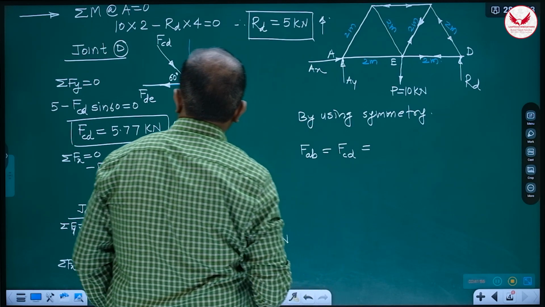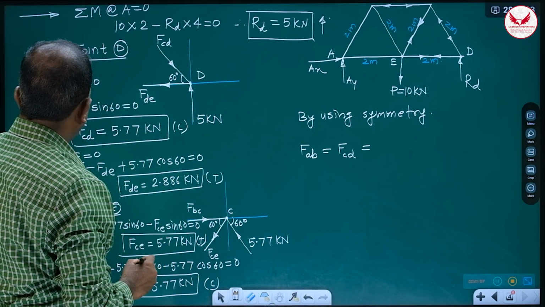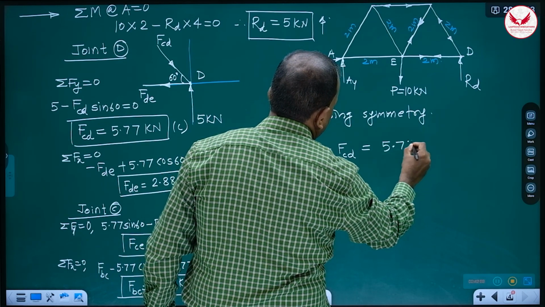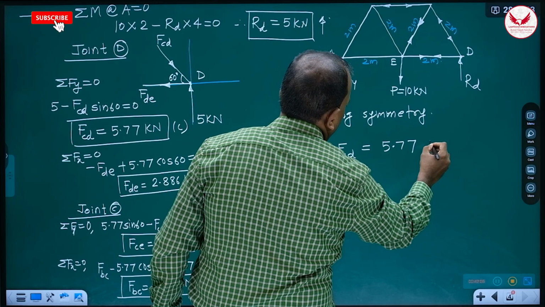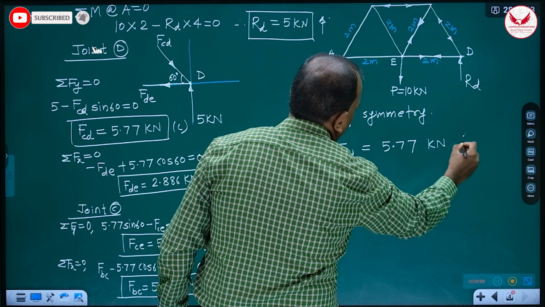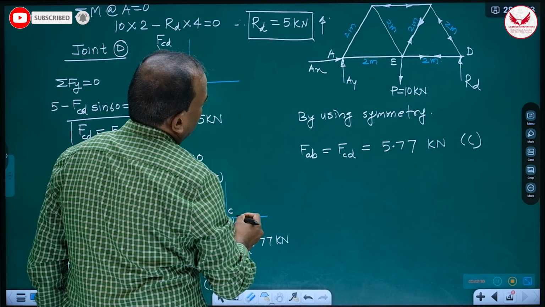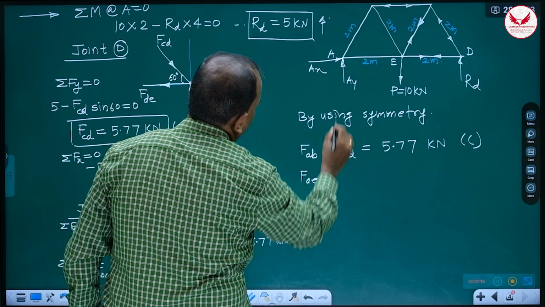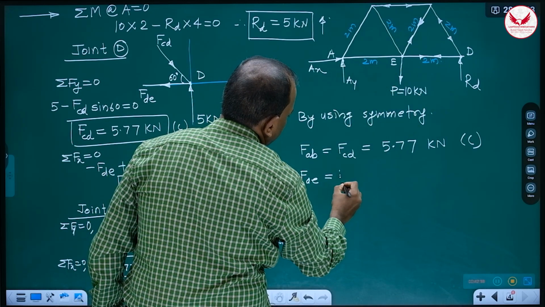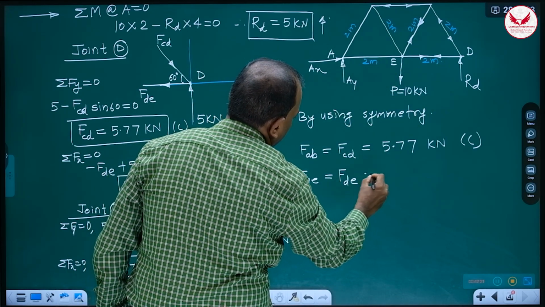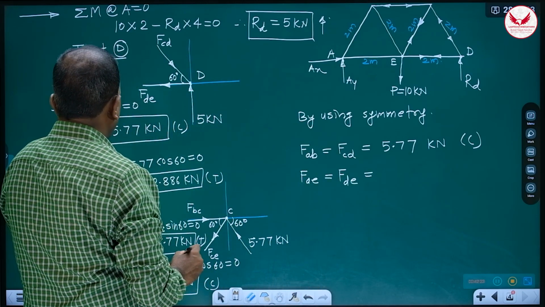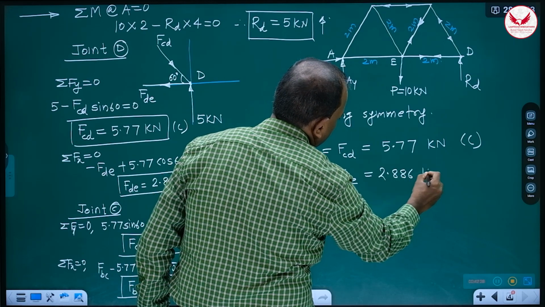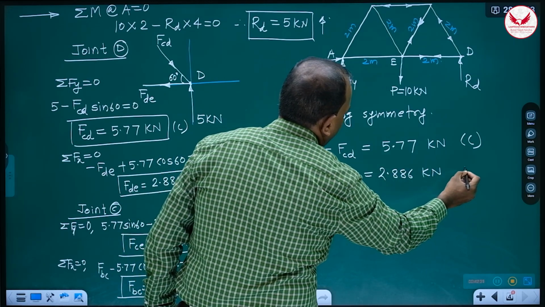We know this answer. FAB is equal to FCD, 5.77 kilonewton. It is compressive. Means these are the two answers. Then FAE must be equal to this, AE and DE members must be same. FDE is equal to 2.886 kilonewton, and both these members must be tensile.